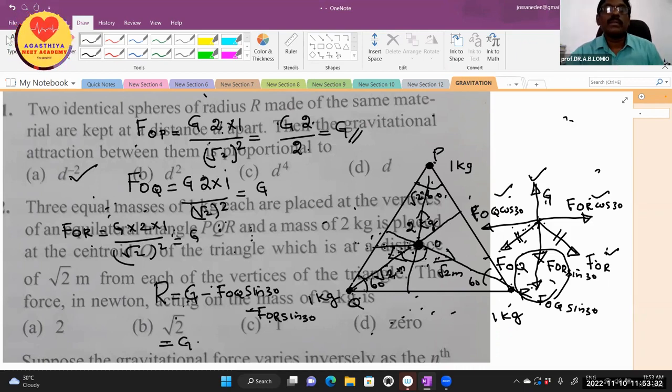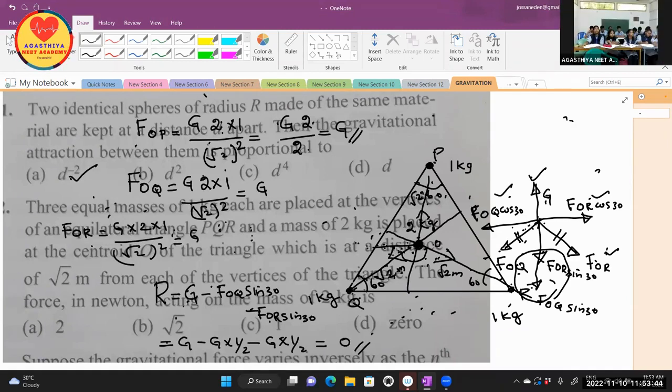This is G minus G sin 30, which is half, and G sin 30, half. For G by 2, it means G. G minus G is 0. The resultant force acting at the centroid is equal to 0.